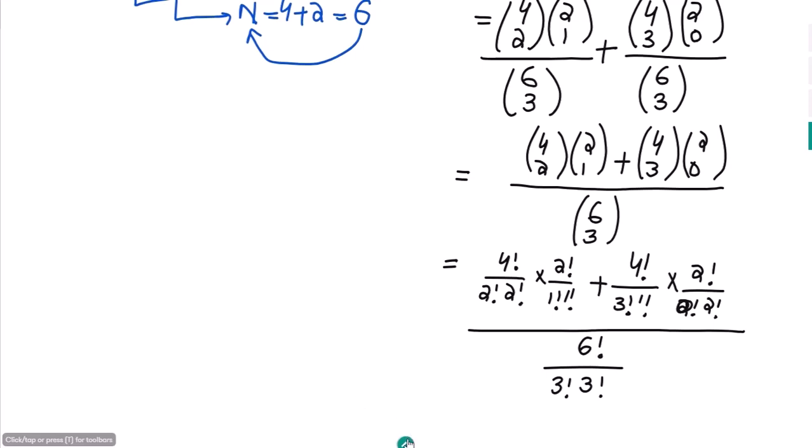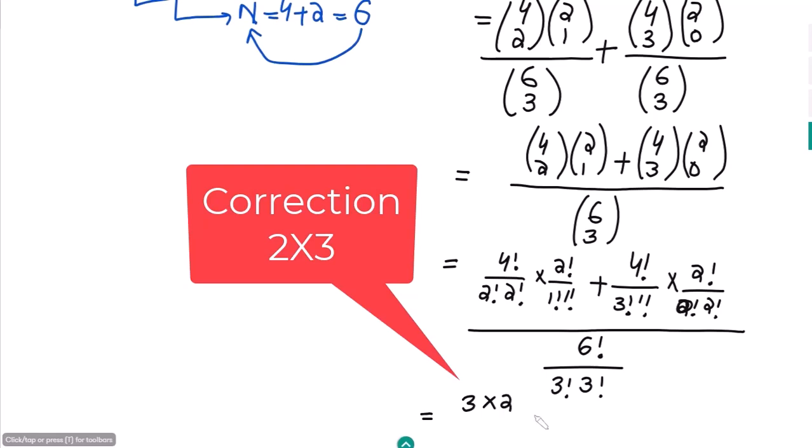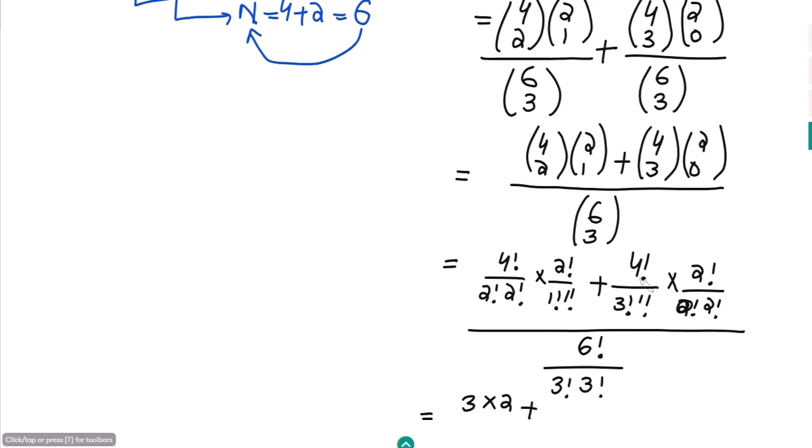Solving it, 4 multiplied by 3 is 12, 12 divided by 4 gives 3 multiplied by 2, plus 4 multiplied by 1, which is 4, divided by 6 multiplied by 5 multiplied by 4 multiplied by 3 factorial, whole divided by 3 times 2 multiplied by 3 factorial.